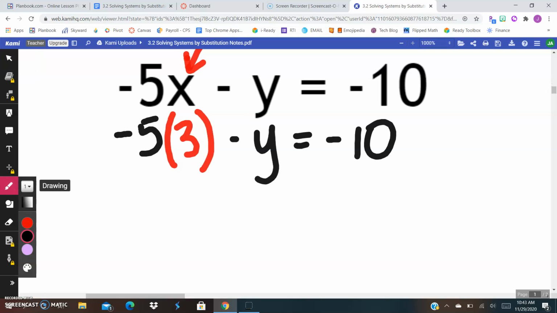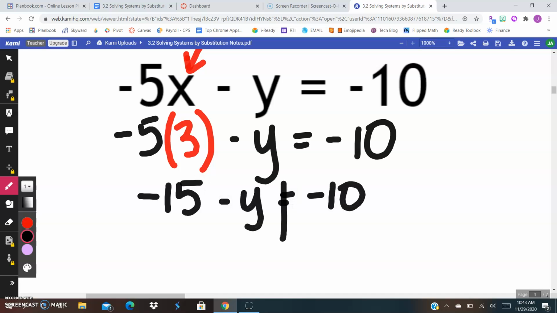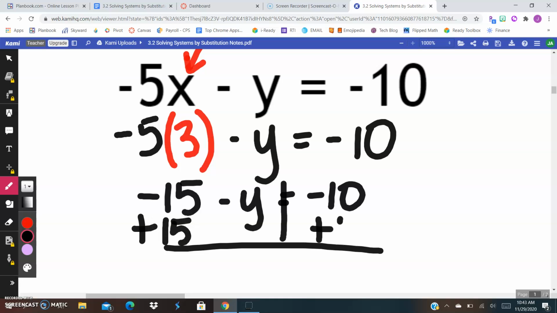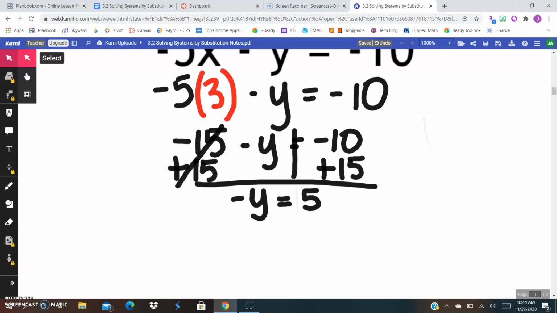Now we need to work our way through and simplify our new equation. So -5 times 3 would be -15. And then we have minus y equals -10. Then we're going to add 15 to both sides. So that would cancel. We would have -y. So make sure you bring down a negative sign if there's one in front. -10 plus 15 would leave us with 5.